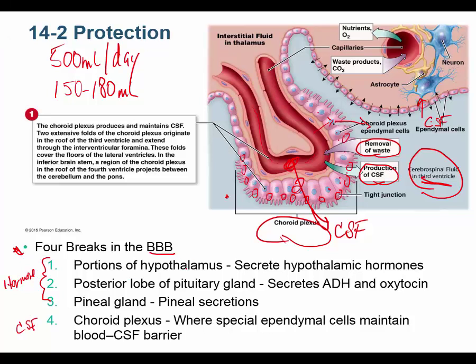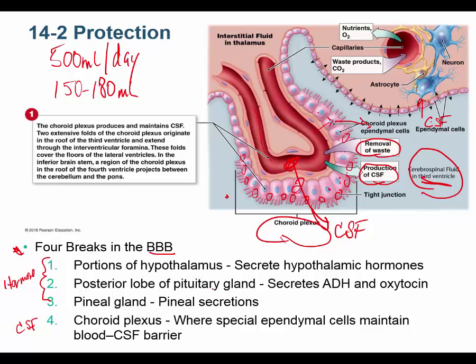All right, so number 1, the hypothalamus has a place where there's a break in the blood-brain barrier because the hypothalamus makes releasing hormones and inhibiting hormones that have to be delivered to the pituitary via the bloodstream. So there's a break in the blood-brain barrier there because the hypothalamus makes these releasing and inhibiting hormones that need access to the blood.